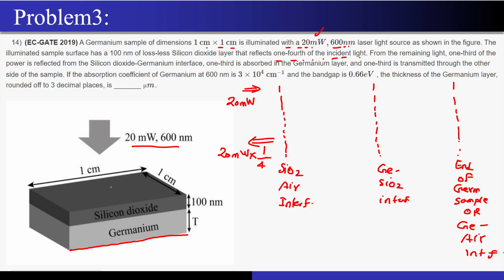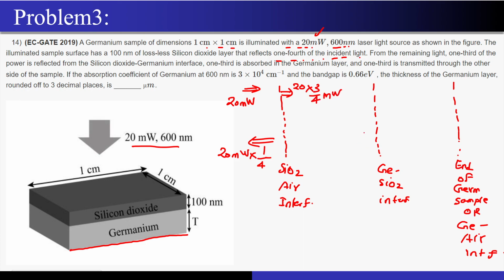You must have studied this in high school physics. So some light will reflect back, and not all of it will pass through from here. So how much have I transmitted? I have transmitted close to 20 into 3 by 4 milliwatts from here.